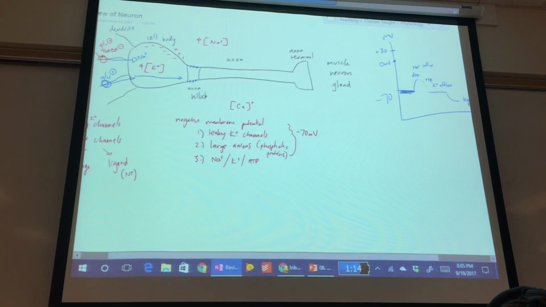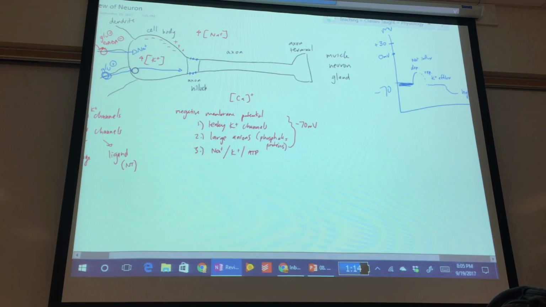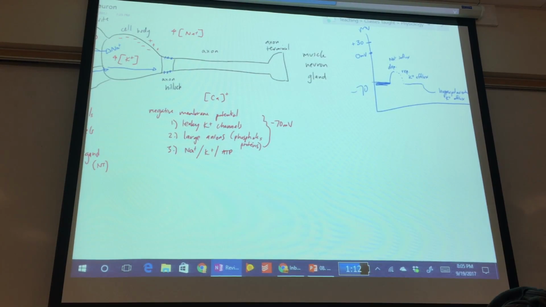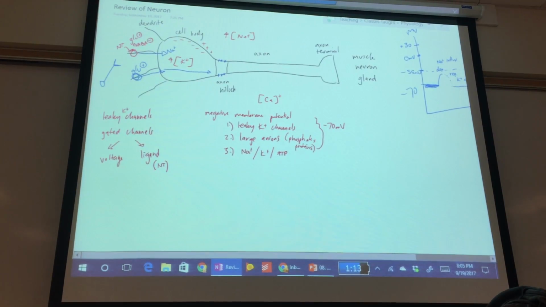Well, if depolarizing excites a cell, hyperpolarizing should not make it so excitable, right? Why? Because I'm hyperpolarizing. I'm moving further away from that one target that we're getting to later on, our threshold. So hyperpolarizing, we know, is potassium. So an inhibitory neurotransmitter comes in and allows which ion to move in?